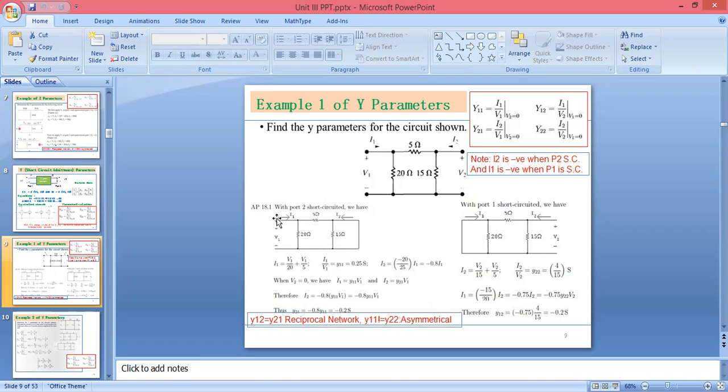Because I1 is incoming at this node, and if you see, I2 will be outgoing. So that's why when I am calculating the value of current I2, I am taking that current I1 as negative. That's why I have written I2 equal to minus I1 into 20 upon 20 plus 5.